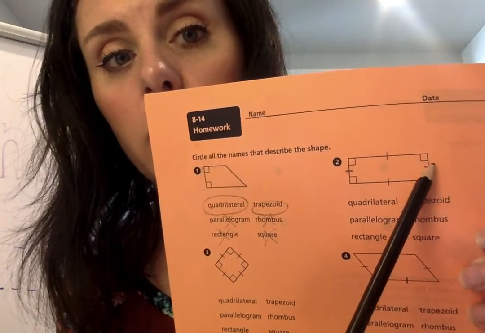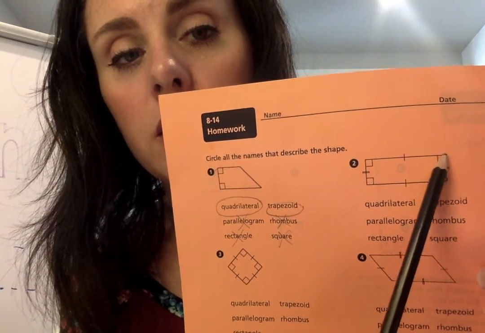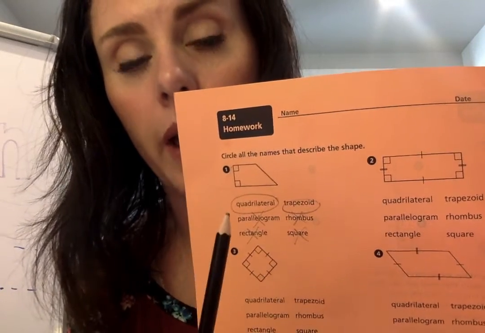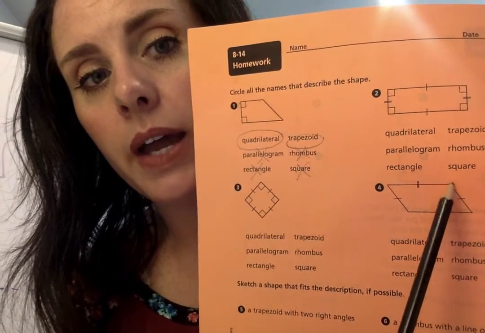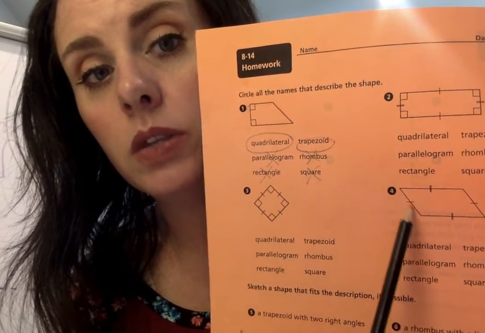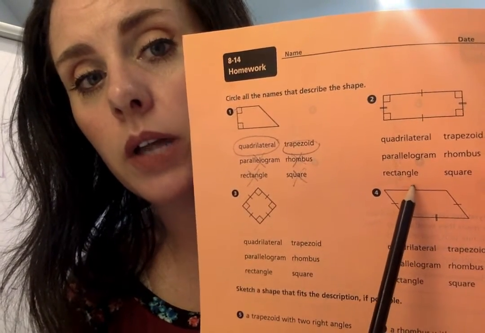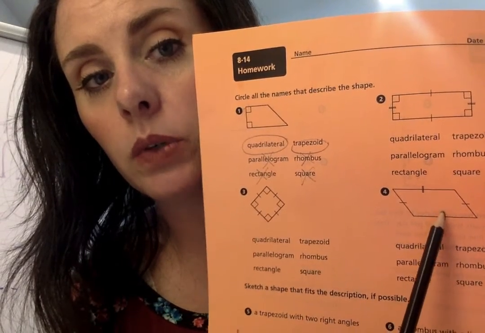These have two little lines, and this means that this line with the two little lines is equal to this line with the two little lines. You can tell on this one as well that this line with one little line is congruent to this line with the one little line. But this line that has the two little lines is equal to this line with the two little lines right there.